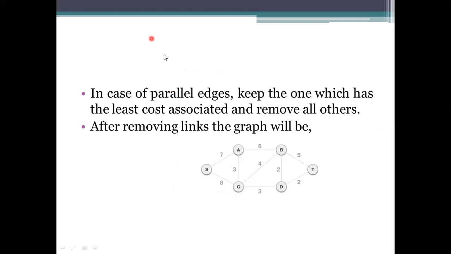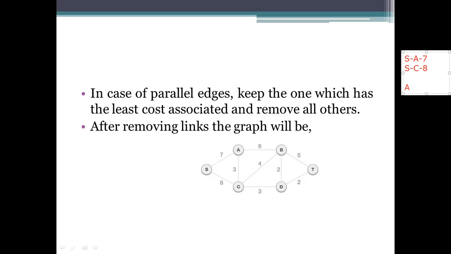The first one is S to A, and it has a weight of 7. The second one is S to C, and it has a weight of 8. Okay, so that is about S.